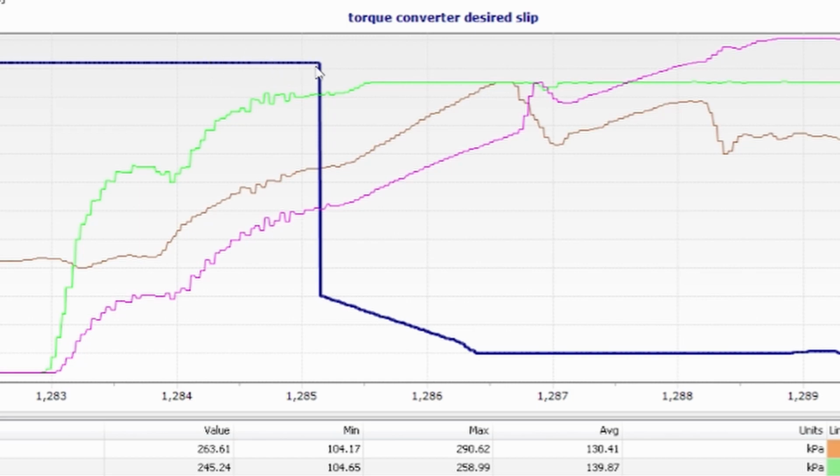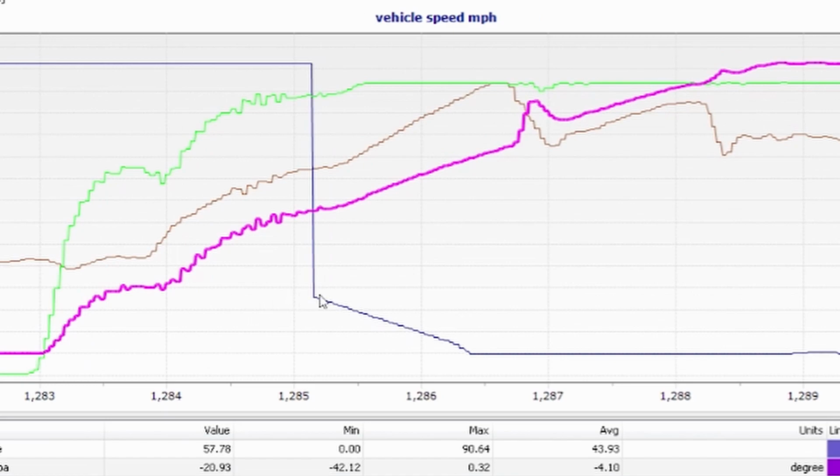So this is happening. It starts commanding the slip at this point here, which go down to our speed, and we look 32 miles per hour. So that lines up perfectly with what we're seeing on the drag graph. So the car is commanding the converter to start locking up at 32.